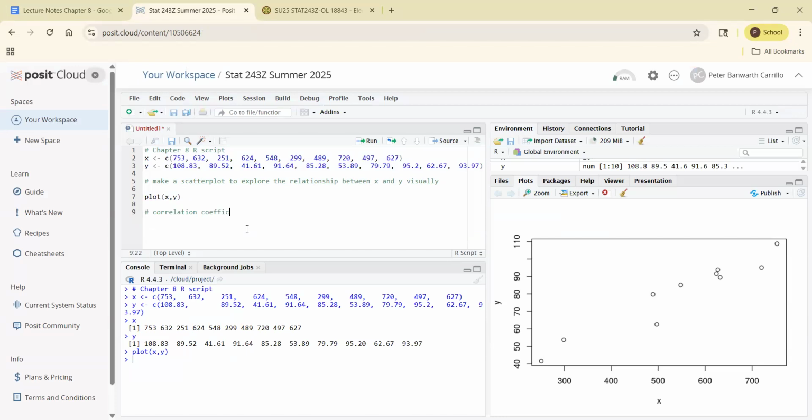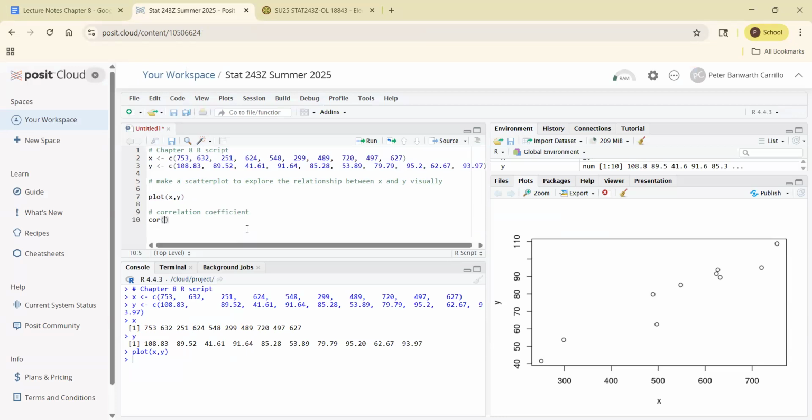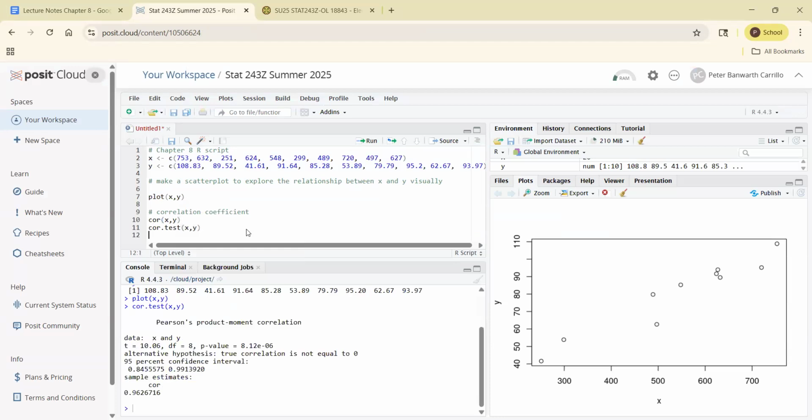There are really two different ways to do it. The simplest code is cor(X, Y), but I recommend you use cor.test because this is going to give us a little bit more information. So let's use cor.test. It looks at the data X and Y, and it gives you the correlation right here.